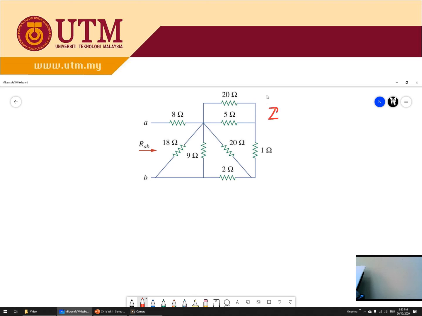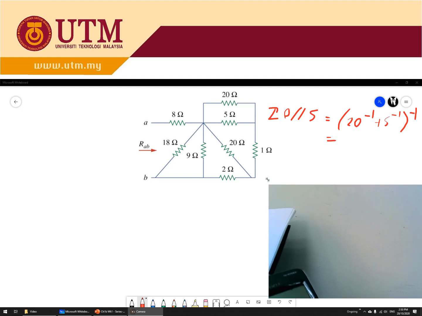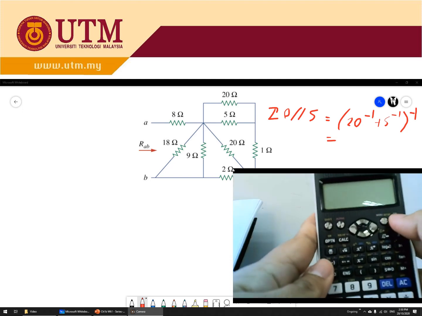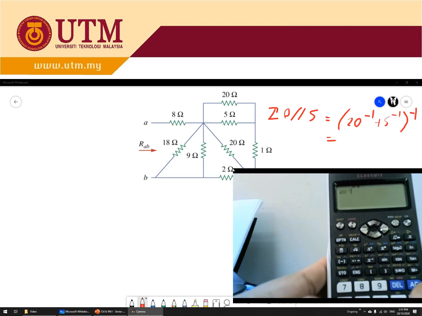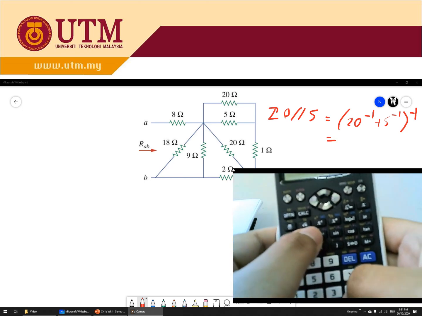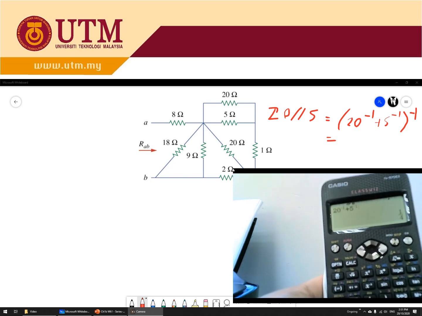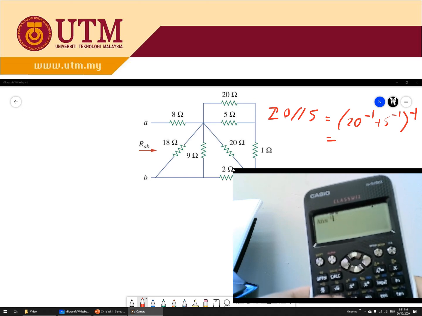So 20 parallel with 5 equals 20 reciprocal plus 5 reciprocal, then don't forget to reciprocal the answer.